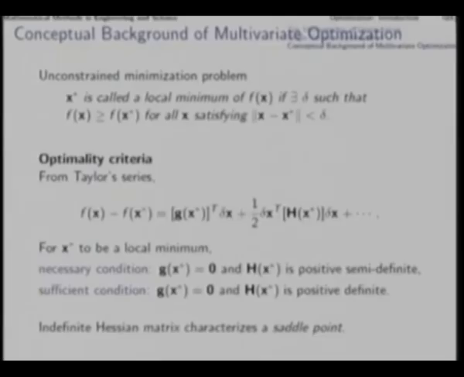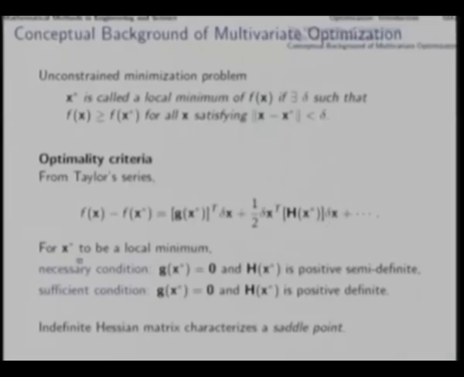Say again, making an approach to the Taylor series, we find that if x is a point neighboring x star, then the difference of function values f x minus f x star will be the first order change, which is gradient transpose delta x, where x minus x star is delta x, plus half delta x transpose Hessian, the second derivative matrix, into delta x, plus the higher order terms. So, up to this is the truncated second order Taylor series.